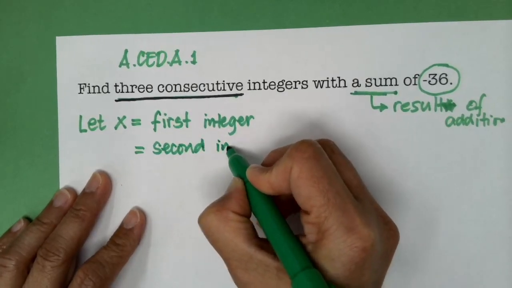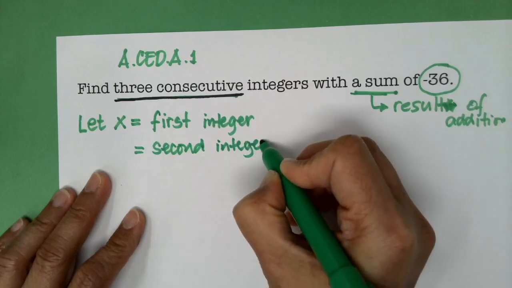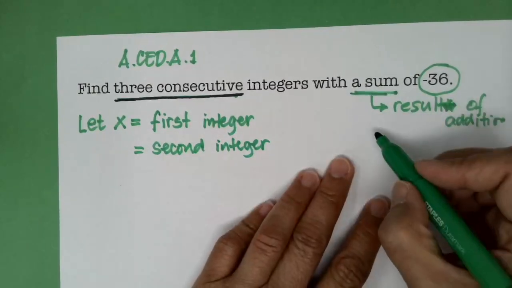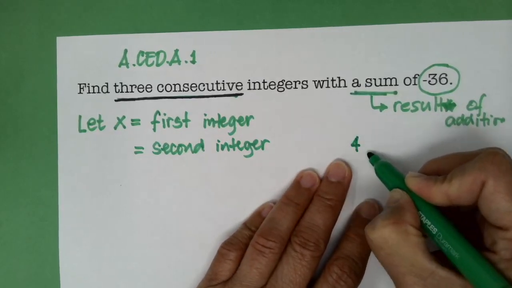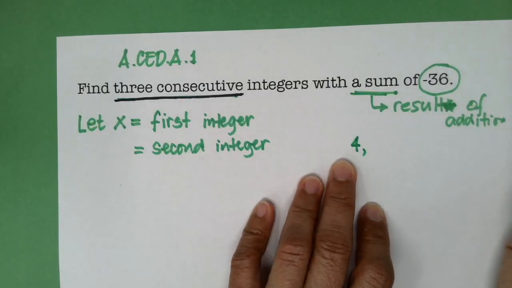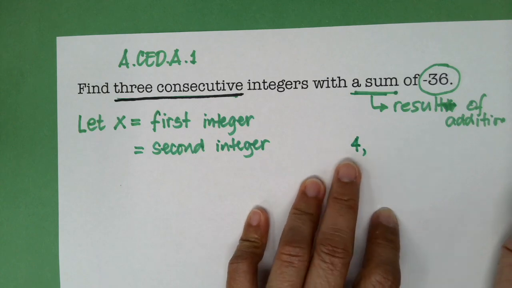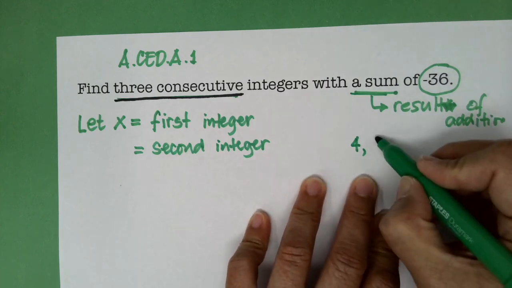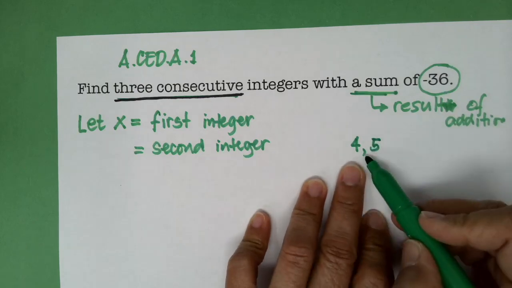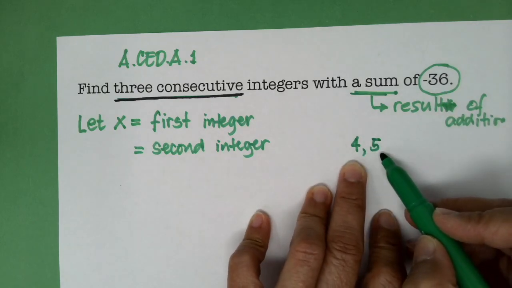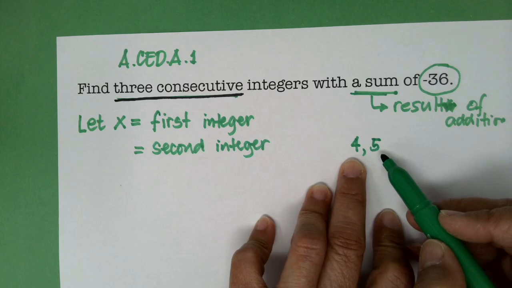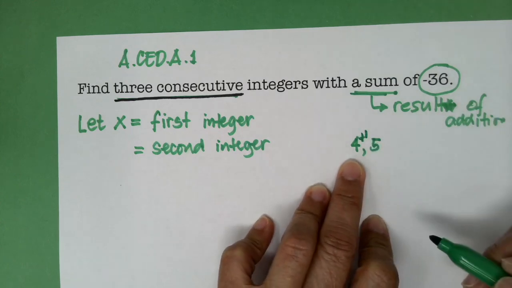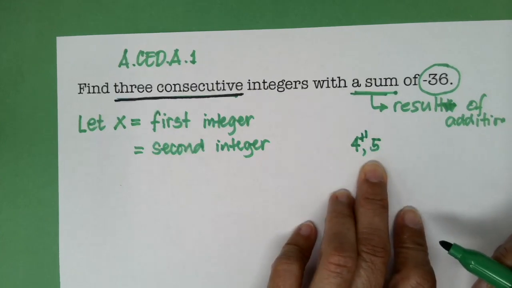So let's think. If our first integer is 4, what's going to be our second integer, meaning the integer next to 4? It is 5. So how do we get the next integer if our first integer is 4? We simply have to add 1 to 4 to get 5, right?